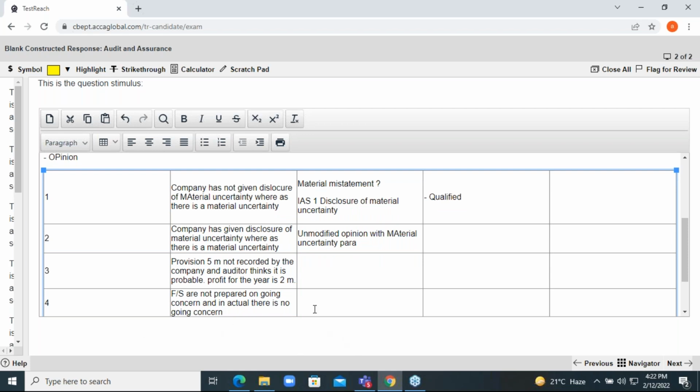So, dear students, what would be the opinion? Financial statements are not prepared on going concern, and in actual, there is no going concern.